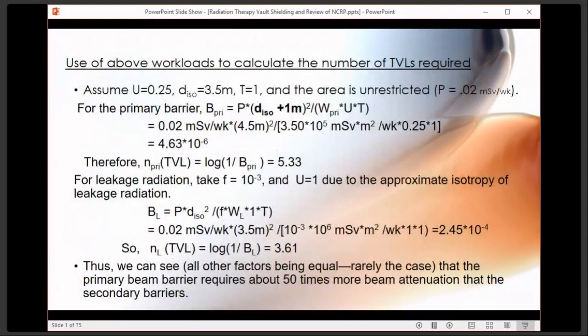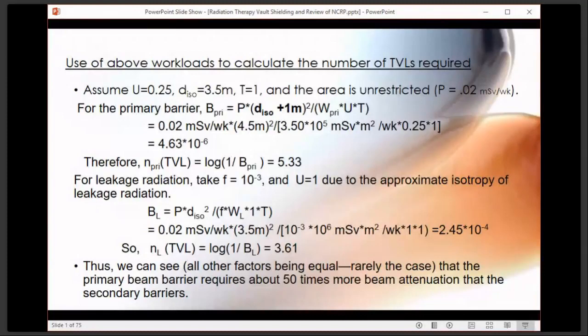If we take these two workloads we've just calculated, how would we get the number of TVLs that are required? So let's assume that our use factor for the primary barrier is 0.25, and the distance from the isocenter is 3.5 meters, and the occupancy factor is 1. And the area is unrestricted, so therefore our design goal is 0.02 millisieverts per week.